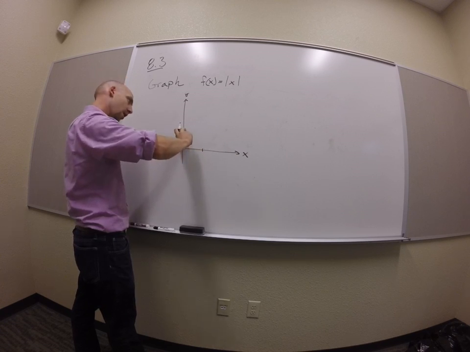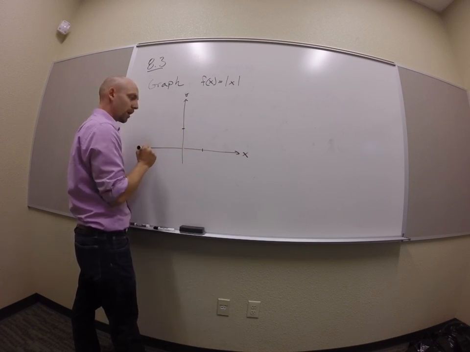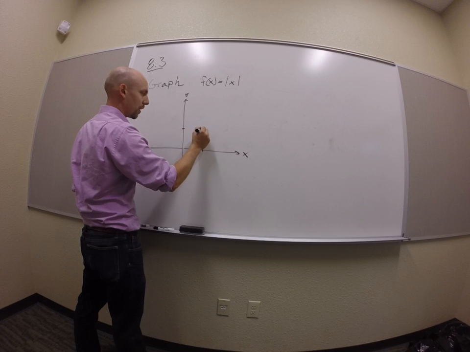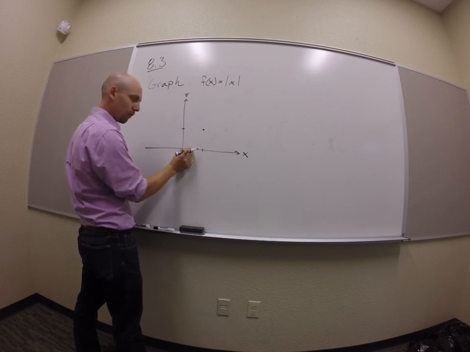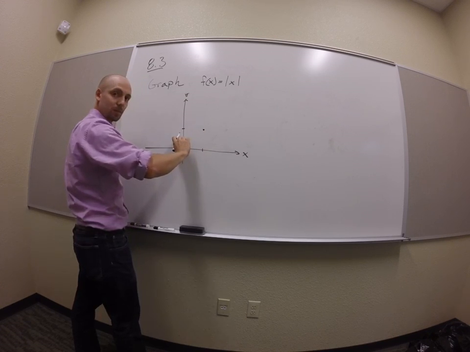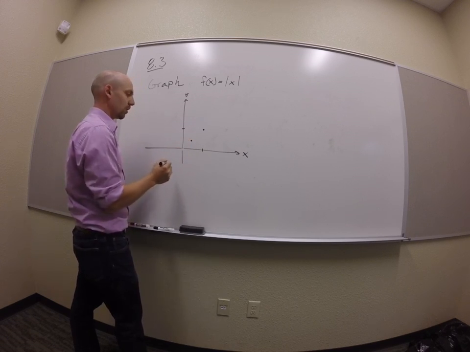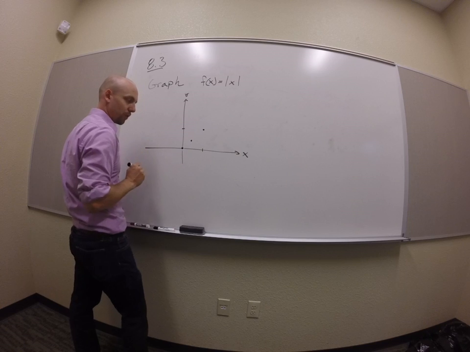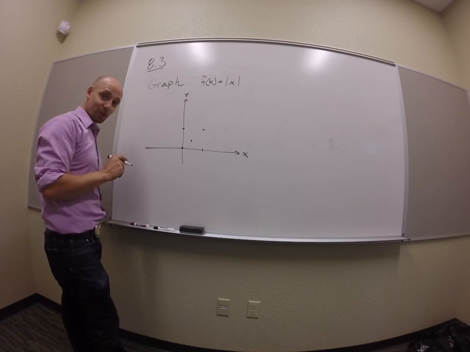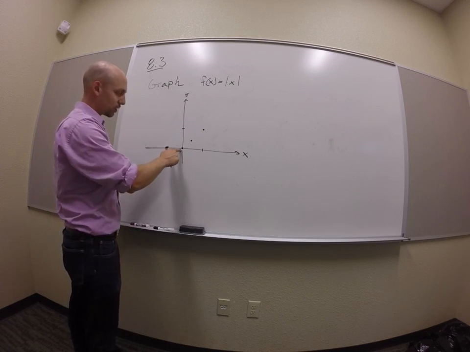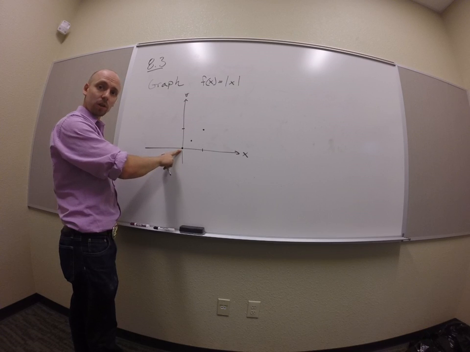So I go up that same distance for an output. So I put a dot there. If I go over this distance, I'll go up that same distance as an output. So I'll put a dot here. I know that 0 is 0 from 0. There were a lot of zeros in that sentence, but that just means that the point 0 is both an input and an output on this thing.